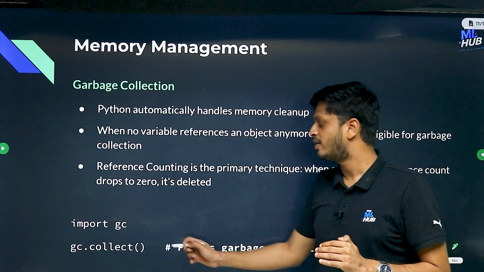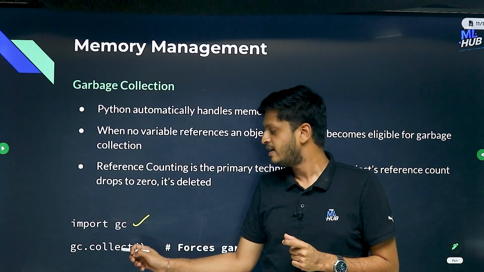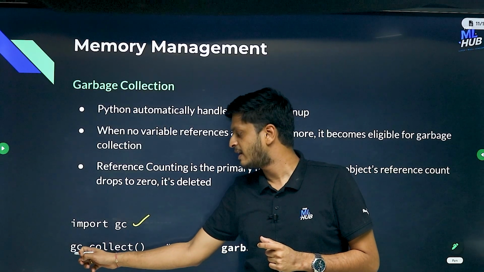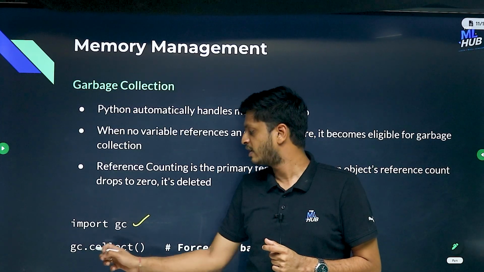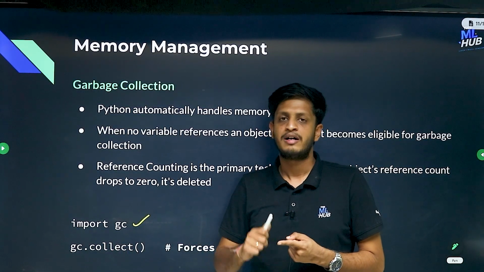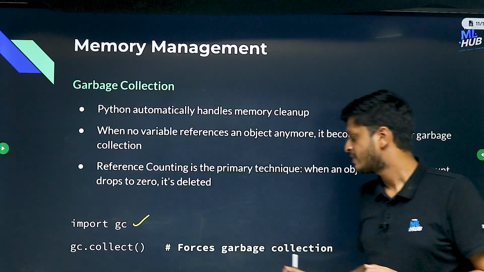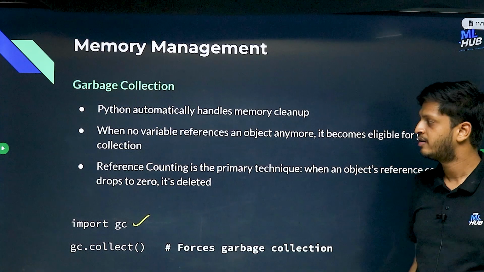There is a library called gc, which means garbage collector. So you can import gc and then run the command gc.collect. If you run the gc.collect command, the garbage collector will be invoked and at that particular point in time, a garbage collection will happen. This will force garbage collection.